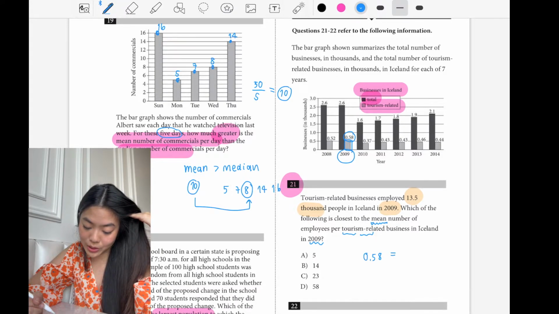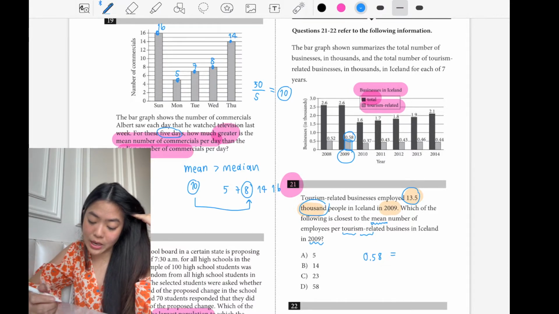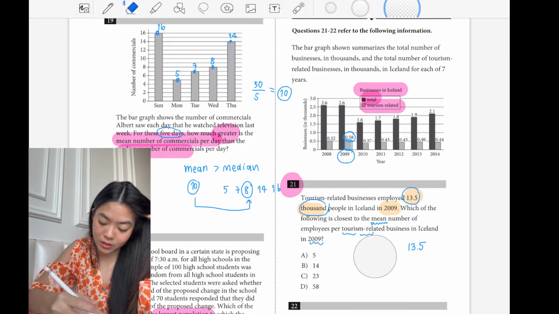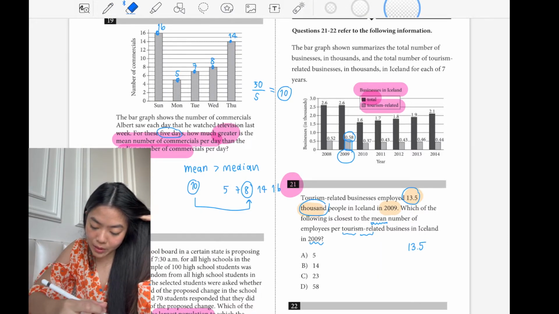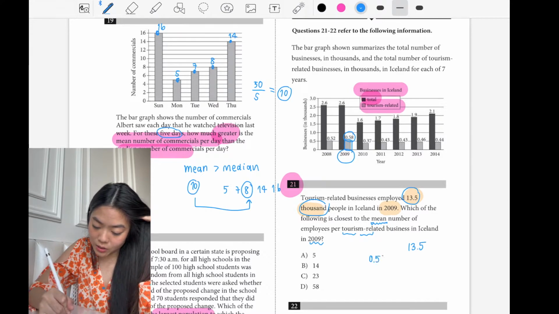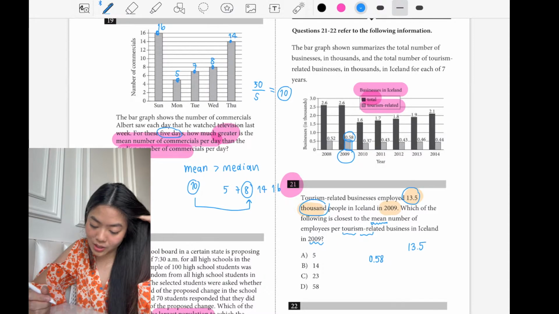So what we're going to do: we know the number of people is 13.5, and we know the value is 0.58, and this one is also in 1,000.